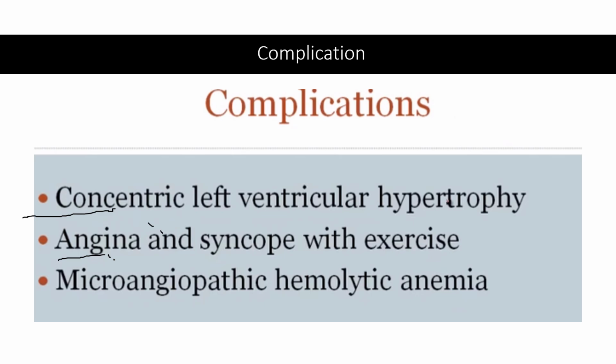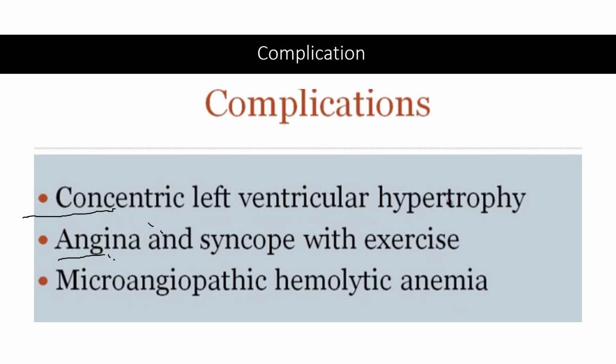And also we can see microangiopathic hemolytic anemia. Now, what do I mean by this? This is basically the anemia which is caused when RBCs become destroyed. And why do they become damaged?